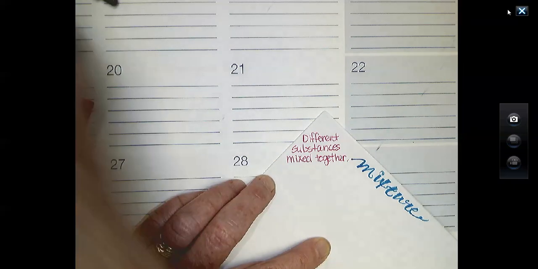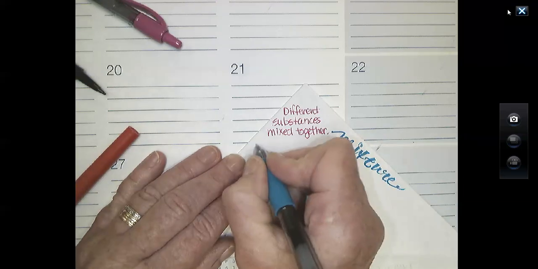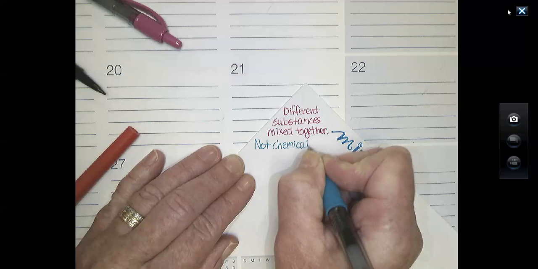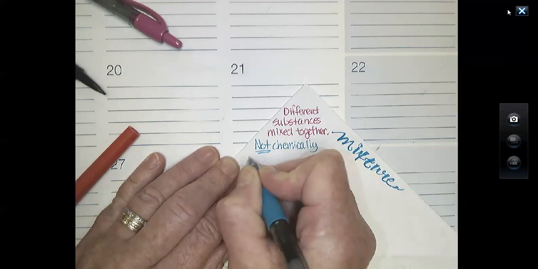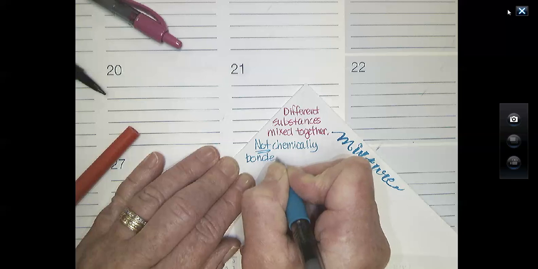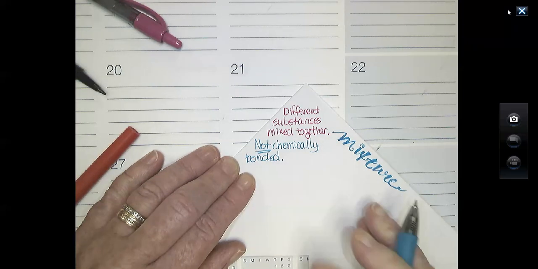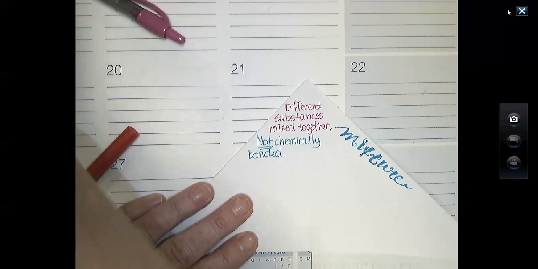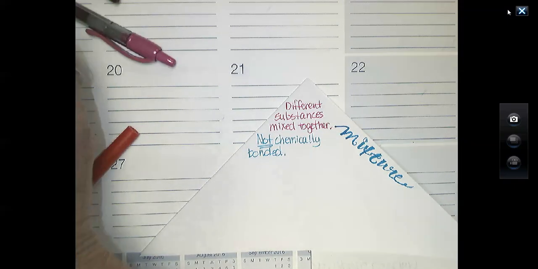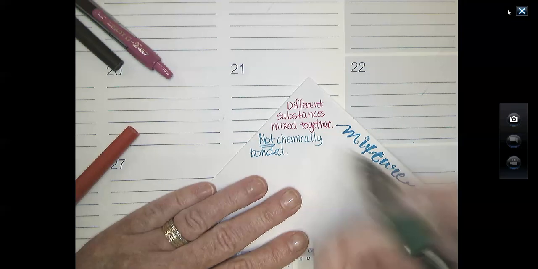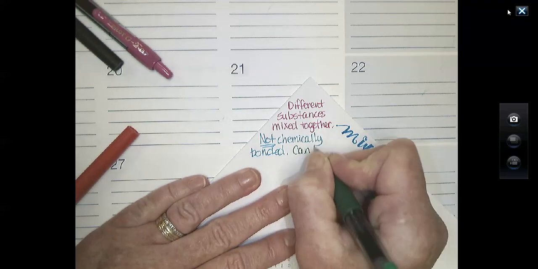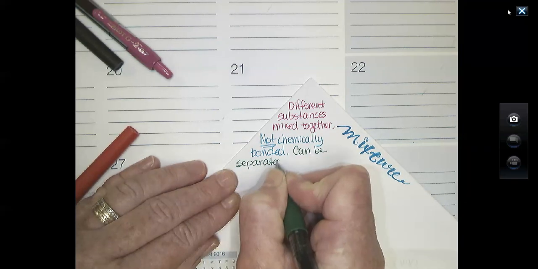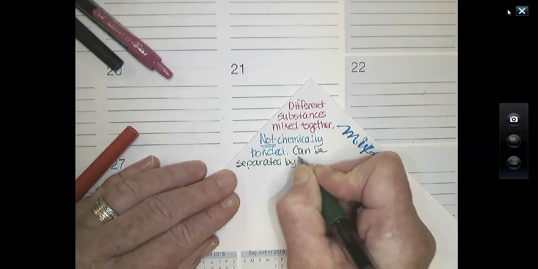They are not chemically bonded. Different substances mixed together, not chemically bonded. Since they're not chemically bonded, no chemical reaction is required to separate them. So they can be separated by physical means.